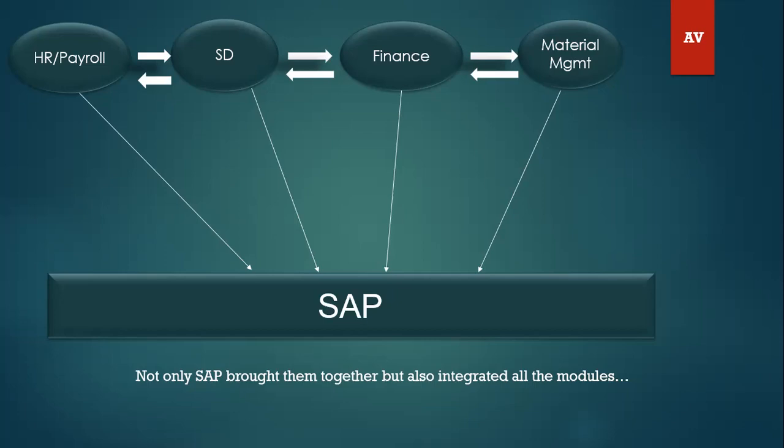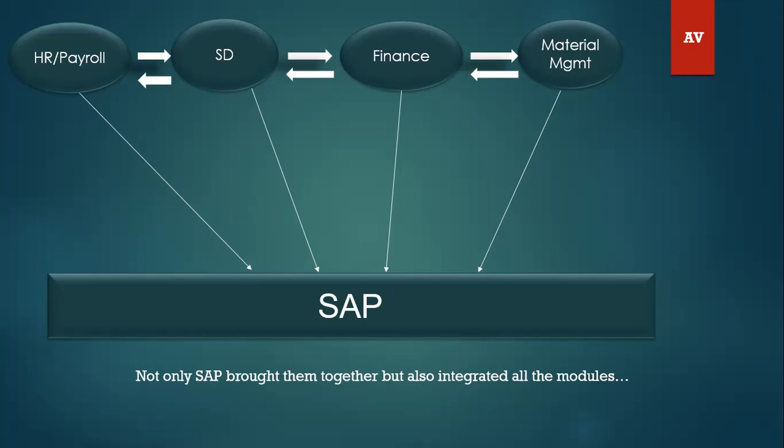So, as we were discussing, there are multiple modules. There is an HR payroll module, sales and distribution, so there are so many modules. In order to manage one of the resources of an enterprise, that is money, finance, there is a module called SAP FICO.